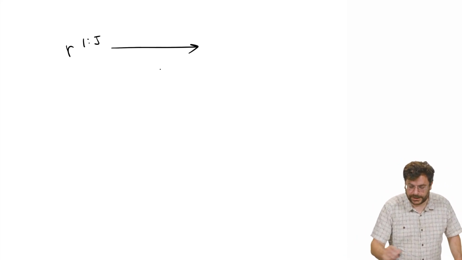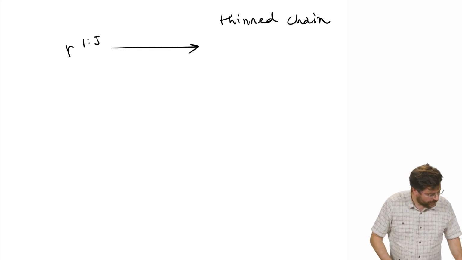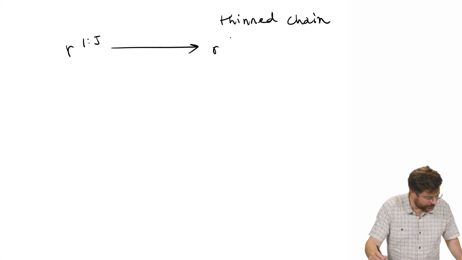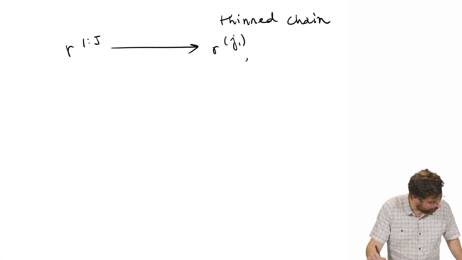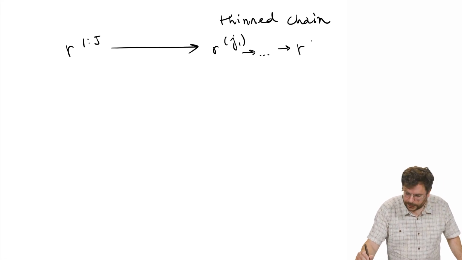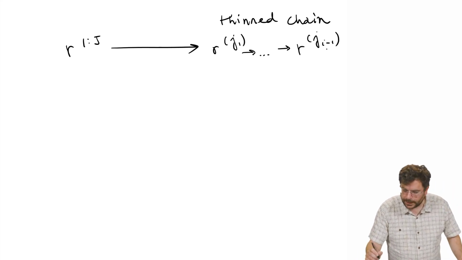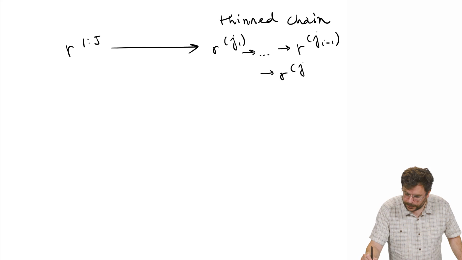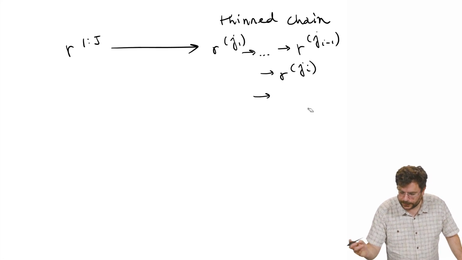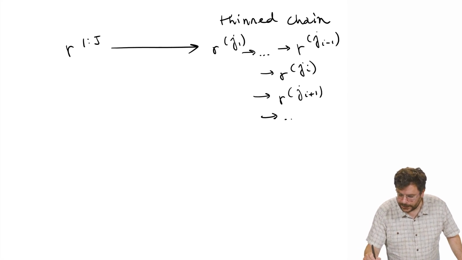So we go from R, 1 to J, to something that we call a thin chain, which is, for example, let's call it R_J1, which goes to R_J(I-1) to R_J(I) to R_J(I+1), and so on and so forth.